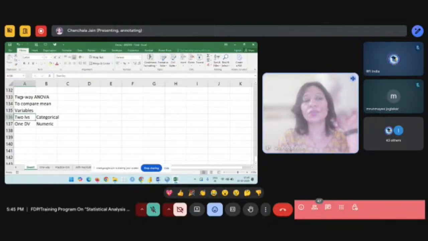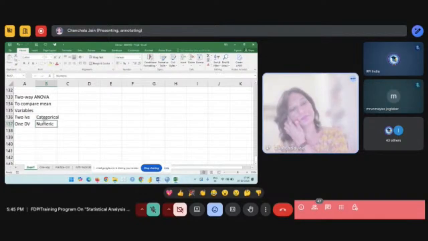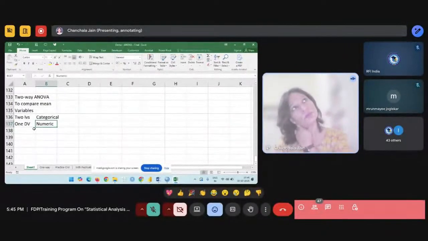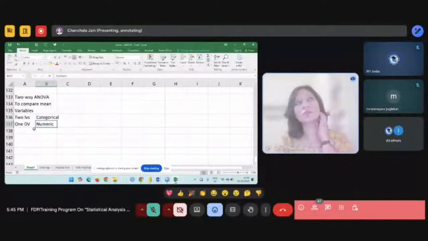This way it is known as two-way ANOVA. We are comparing the mean of a numeric variable across the combination of 2 categorical variables, right? Is it clear, the concept of two-way ANOVA? Is it clear, friends?